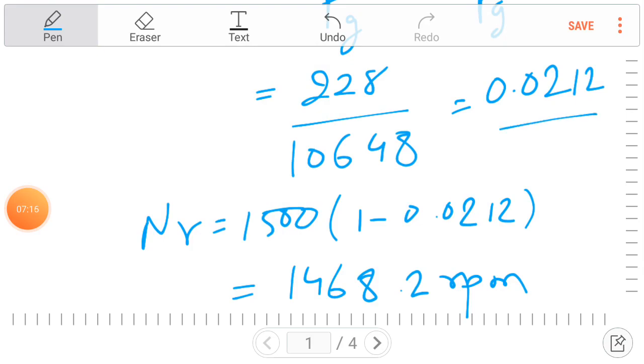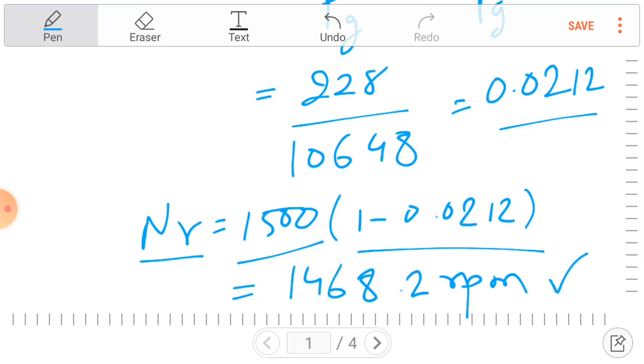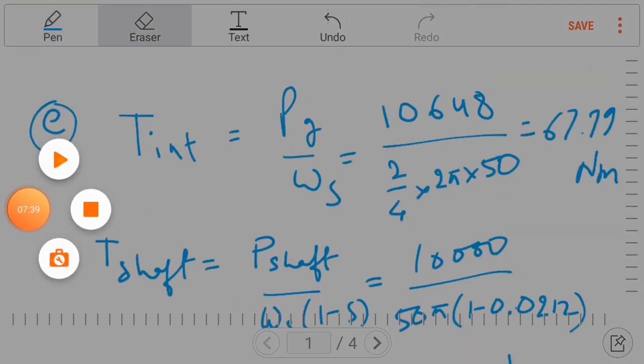So the slip is 0.0212 and running speed is Ns into 1 minus slip, and Ns is 1500 because it is a 4-pole 50 Hz machine. Ns is 1500 and slip is 0.0212. So the running speed is 1468.2 rpm.